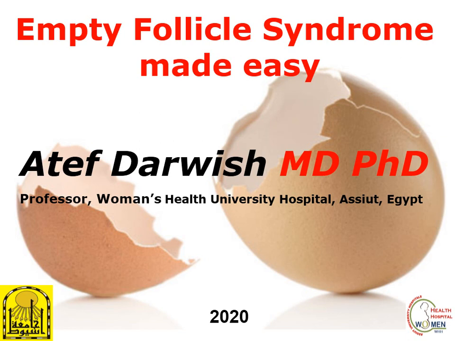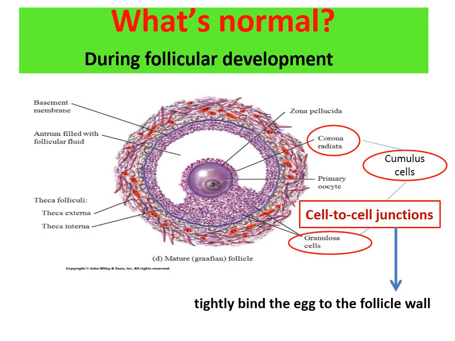You should answer her regardless of whether you are an IVF specialist or not, because you are a gynecologist and you have to deal with this case. You should know what's normal.